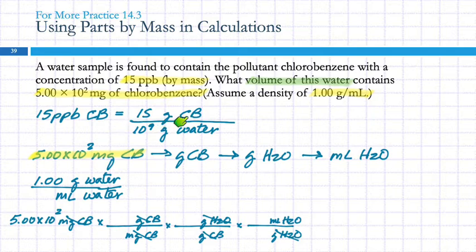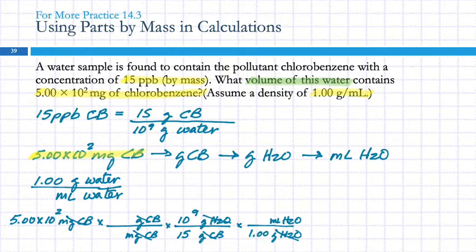So this is grams of chlorobenzene related to grams of water. So that's what I need here in the middle. 1 billion grams of water, it's a lot of water, is going to equal 15 grams of chlorobenzene. Density is the density of water.